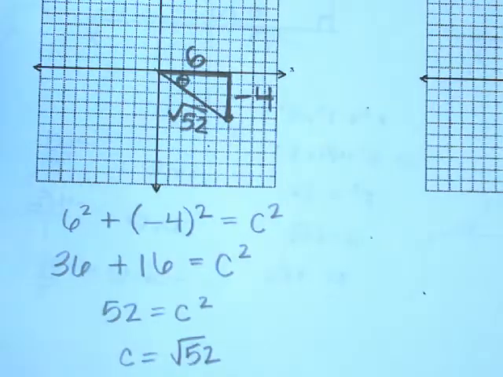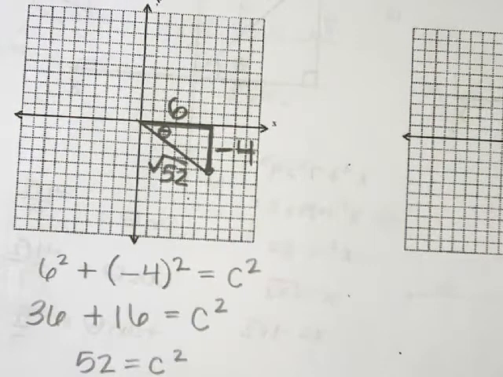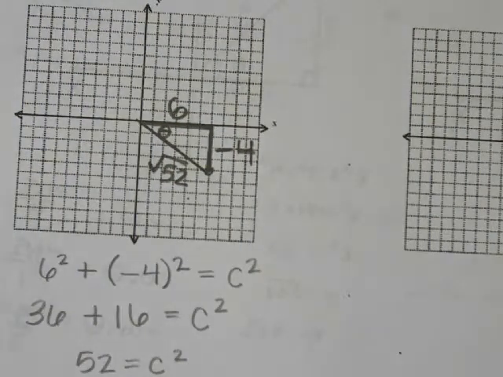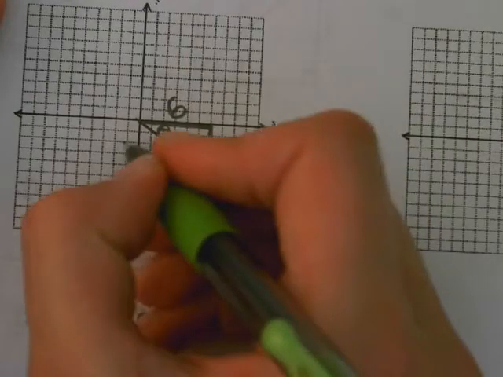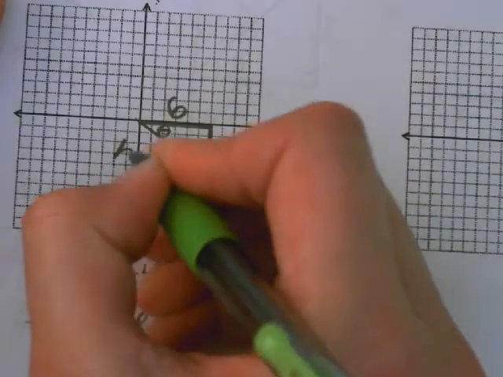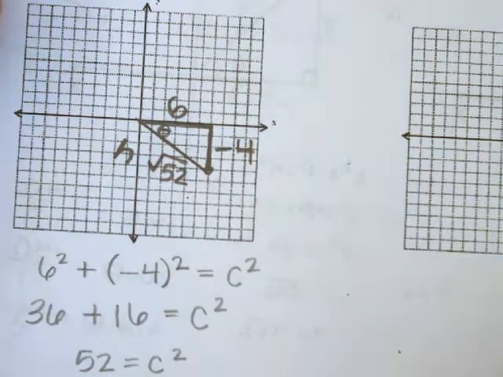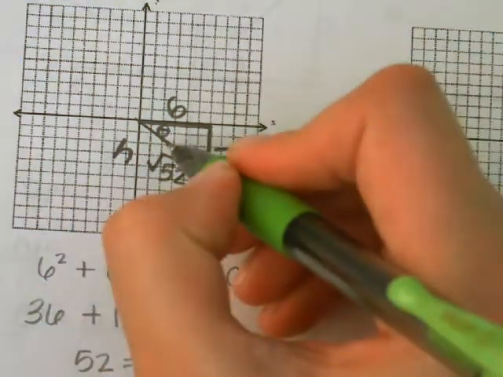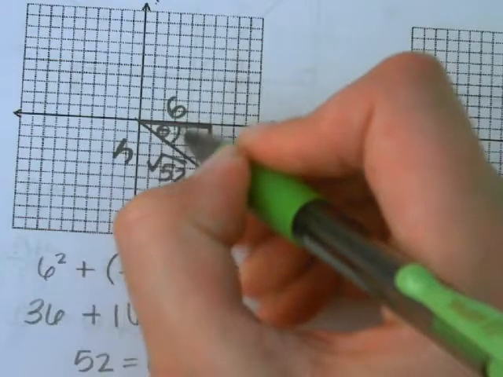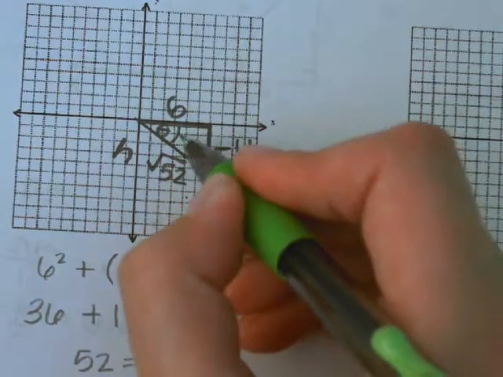Okay, so this time we don't have a theta and a beta, we only have a theta. So we're just going to label the triangle once. So which side is the hypotenuse? Square root 52. Here's our hypotenuse. If theta is right here, which side is the opposite? Negative 4 is opposite.